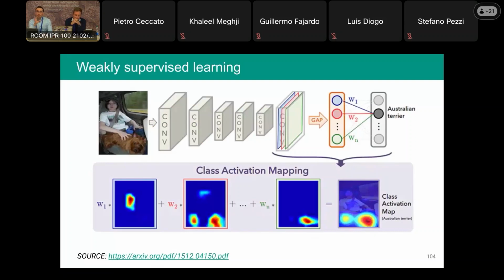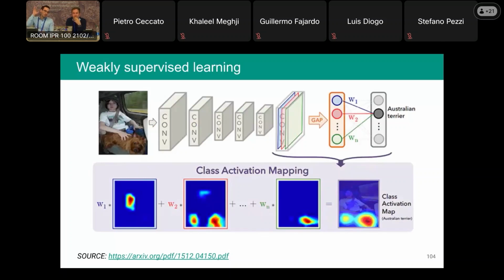And by building some specific architectures for that, so I'm not going to go too much into the details here, but it's using the abstract representation inside the network, you can actually see which region activated to classify this image as a dog. And hopefully, the regions that activated are the ones that correspond to the object of interest, of course. So here, the Australian Terrier part.